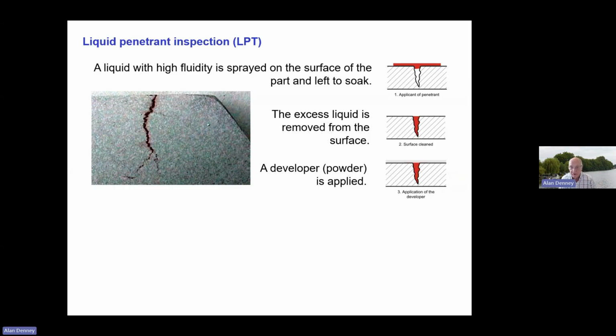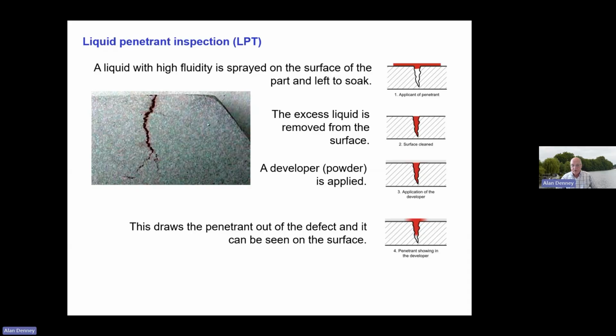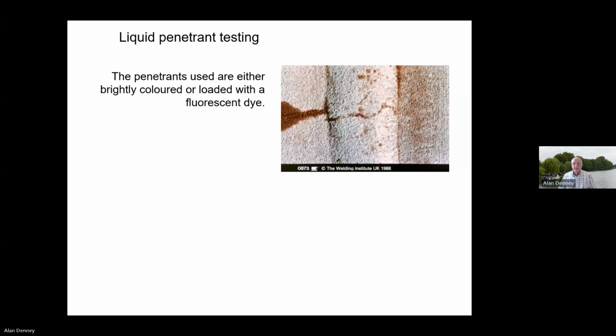So this is your next aerosol. Actually, it's your third aerosol. You've had your dye, you've had your cleaner, and now you've got your developer. And you spray that on, and that draws the penetrant out of the defect, and it can be seen on the surface. And that's the sort of thing that you see.